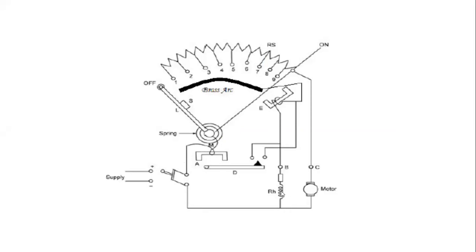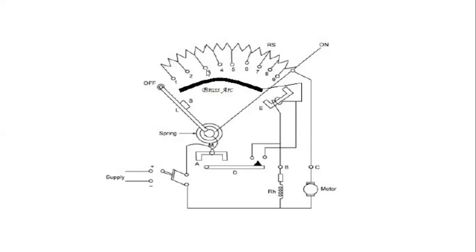B point is connected to the field winding of the motor and C is connected to the armature. These are the various points: armature, line and field. C is the armature point, B is the field point and A is the line point. This is the handle, this is the resistance and these are the studs.